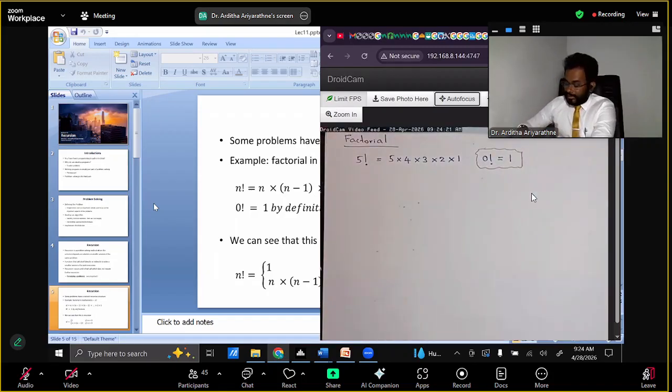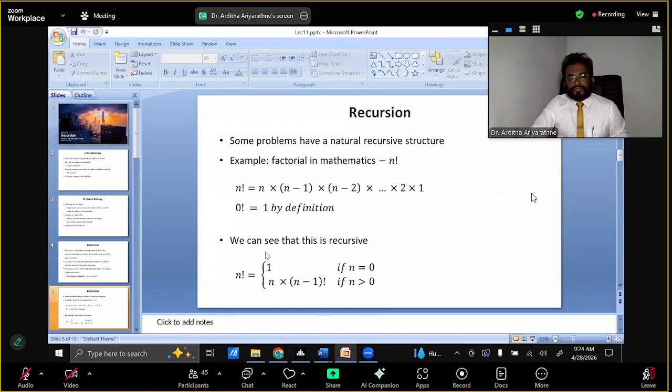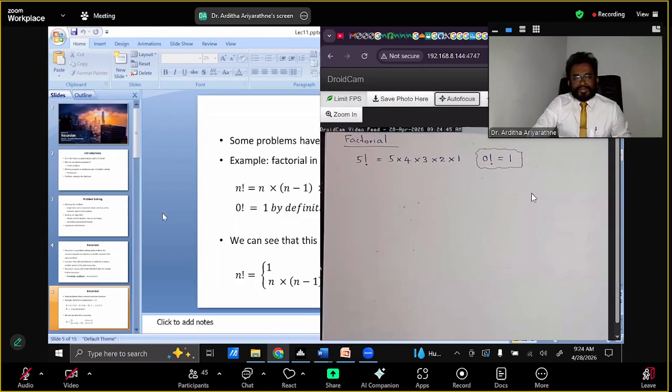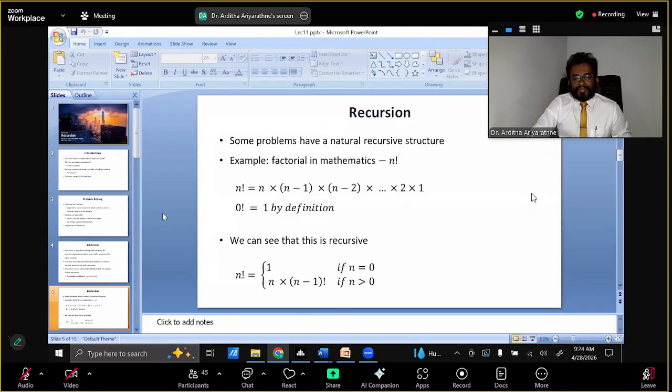Now, we can see that this is recursive. How can we say this is recursive? Here, there is a way of saying recursive.